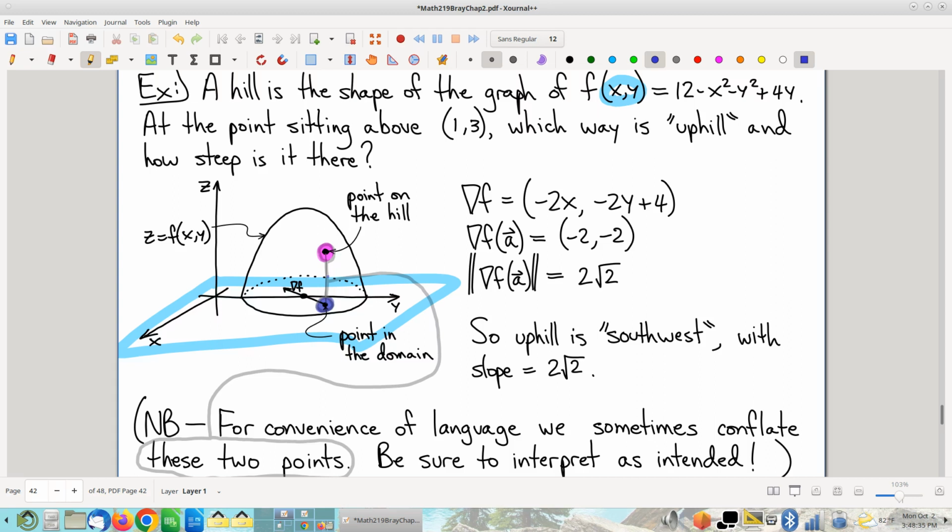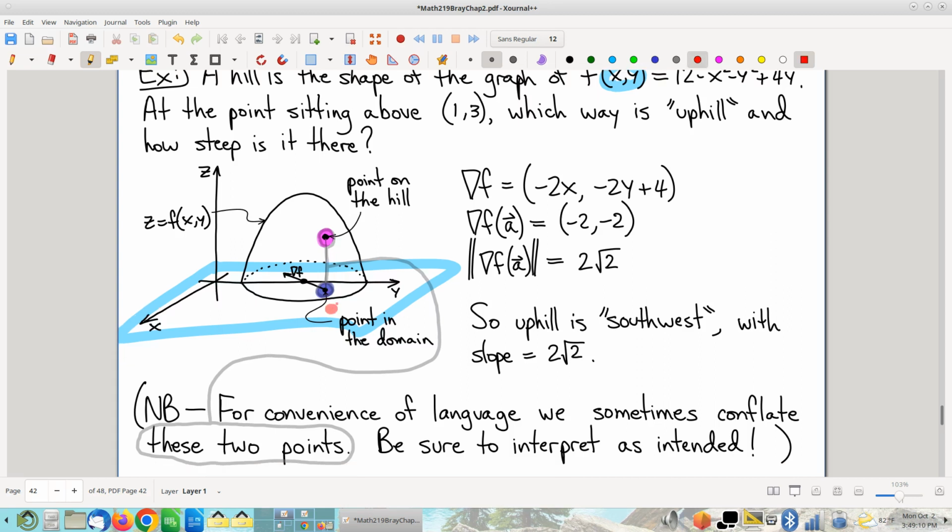So it's kind of weird. If I wanted to be really honest about it, I would have to describe my location as a certain longitude, a certain latitude, and a certain altitude above sea level. But nobody does that. That would be silly. If you give map coordinates, it is understood that you're on the surface of the Earth. So heads up: we're going to be using this convenient sloppiness, conflating these two points.